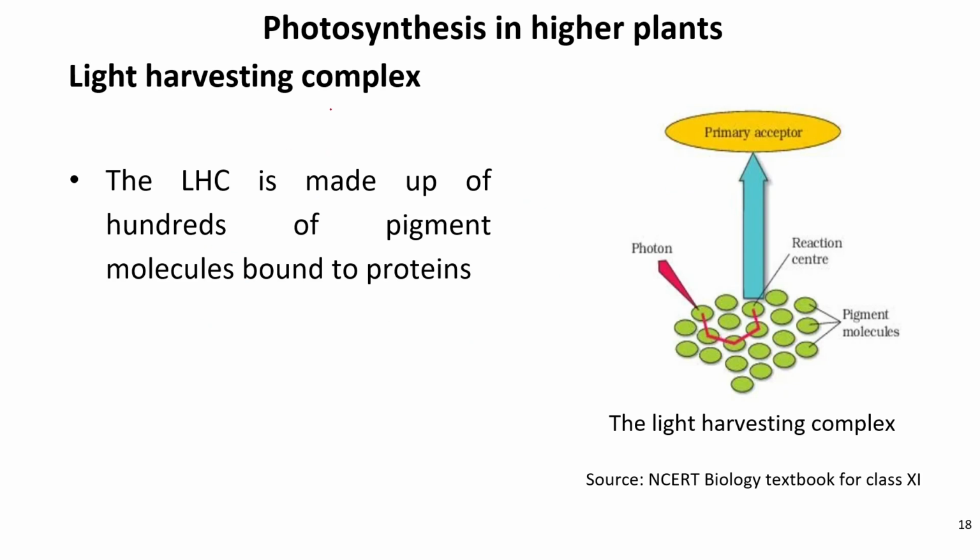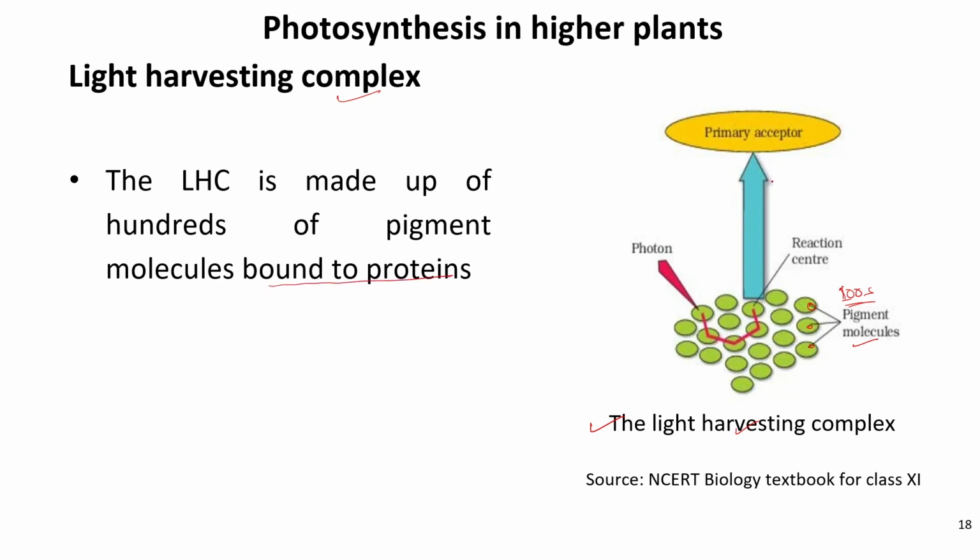Now the next term is the light harvesting complex. This is a diagram of a light harvesting complex. You can see these are the pigments. There are hundreds of pigments. So what is the light harvesting complex? It is the combination of hundreds of pigment molecules bound to proteins.